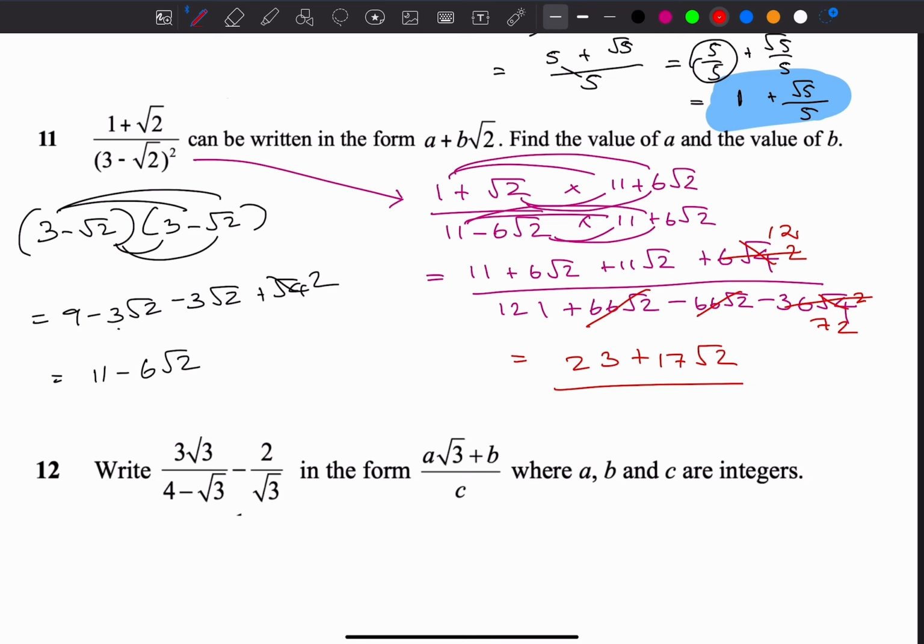What's that going to give you? That will give you what? 49.